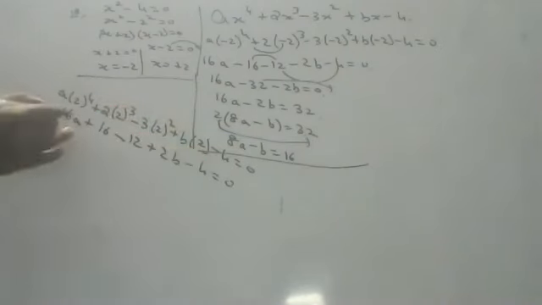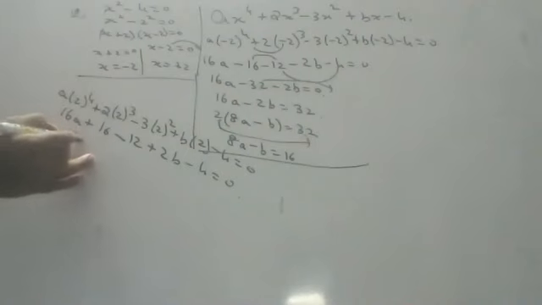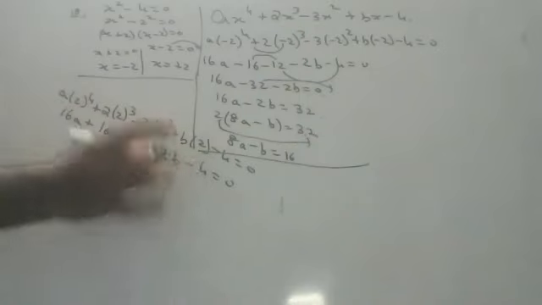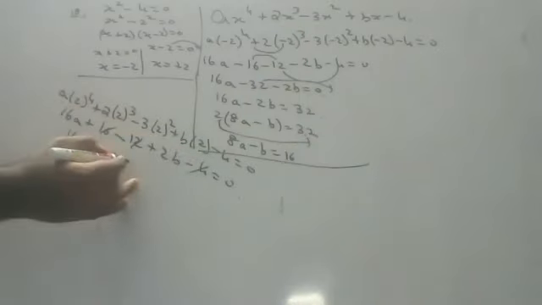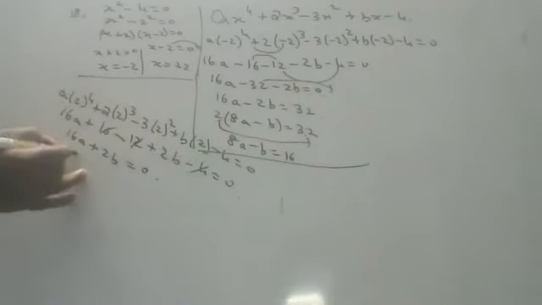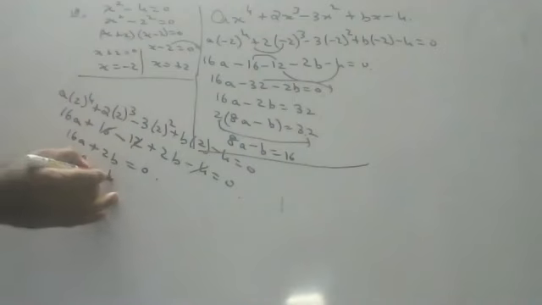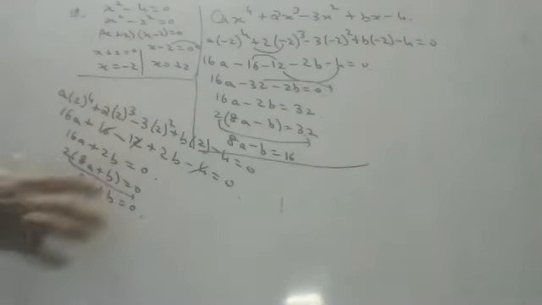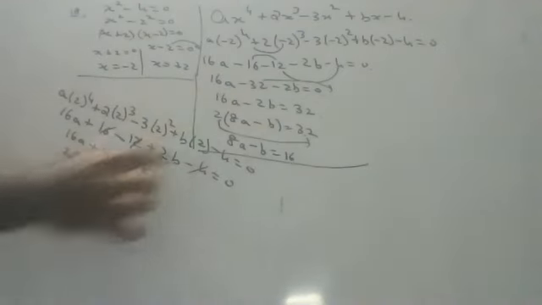Please check, children, all of you. 16a plus 2b, 16 minus 12 minus 4 is 0. Take 2 common. 8a plus b is equal to 0. Two equations are there. Solve these two equations, you will get a and b.